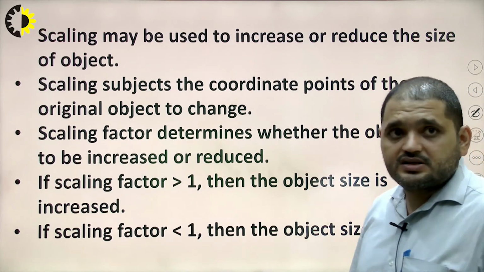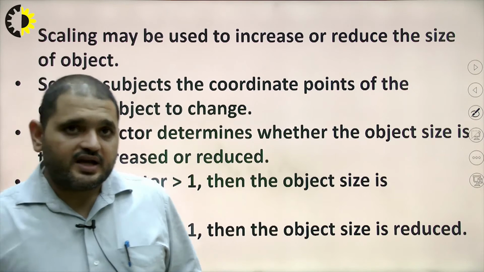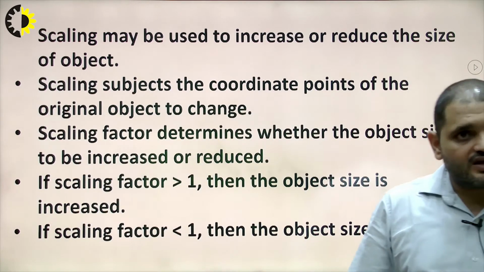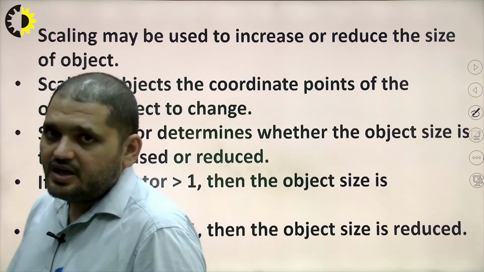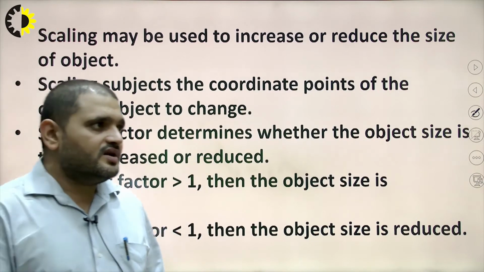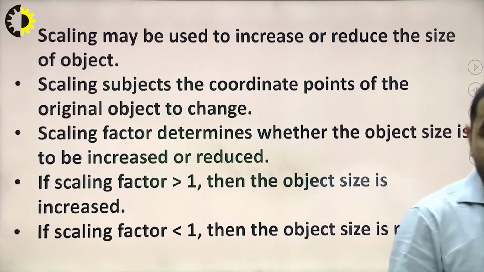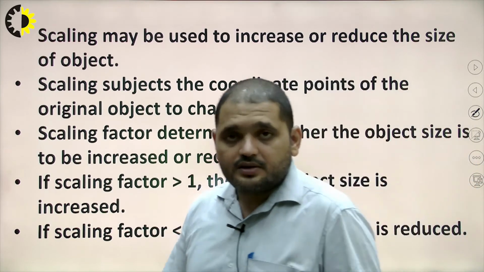Scaling causes the coordinate points of the original object to change. A scaling factor determines whether the object size is to be increased or reduced. If the scaling factor is greater than 1, the object size is increased, and if the scaling factor is less than 1, the object size is decreased.